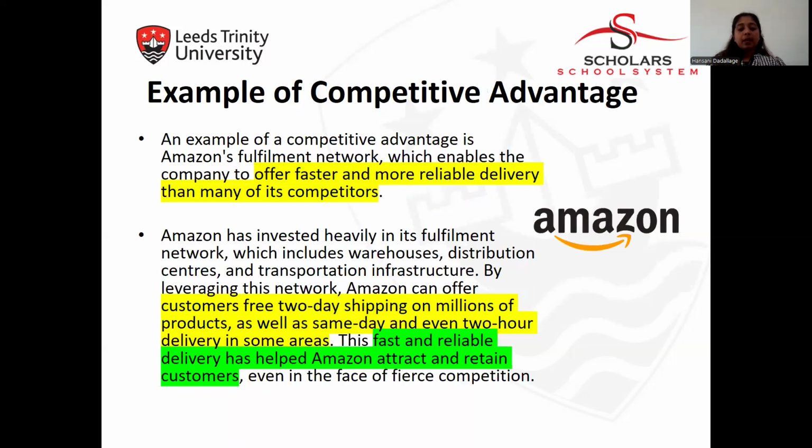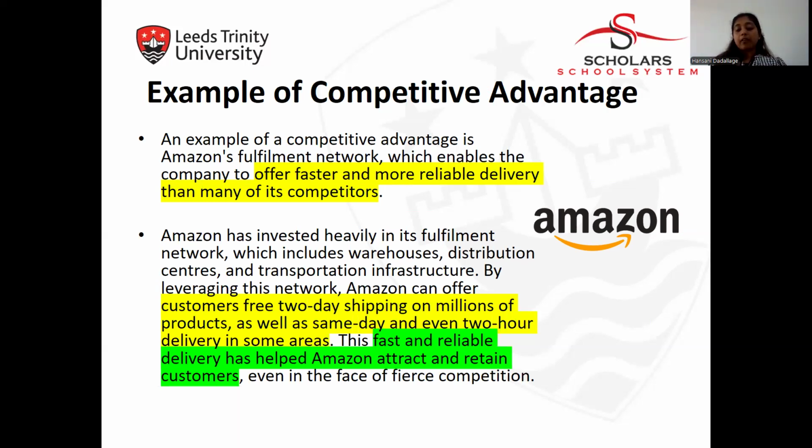So let's see an example of competitive advantage. We all know Amazon. An example of a competitive advantage is Amazon's fulfillment network, which enables the company to offer faster and more reliable delivery than many of its competitors. Amazon is well known for its fast delivery, and the same fast delivery is the competitive advantage of Amazon.